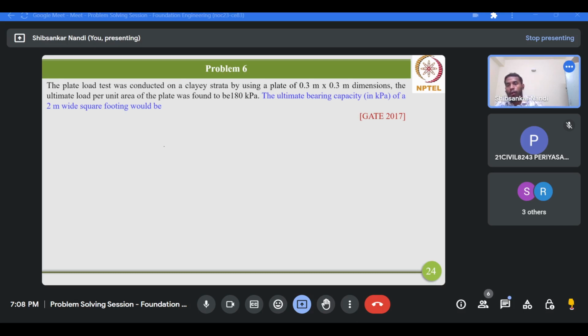Okay, how? If we consider Terzaghi's bearing capacity theory, this qu we can write as alpha 1 c Nc plus gamma Df Nq plus alpha 2 gamma B N gamma.